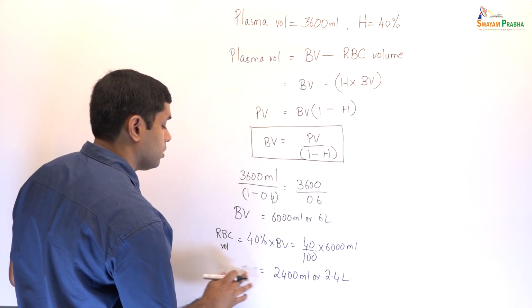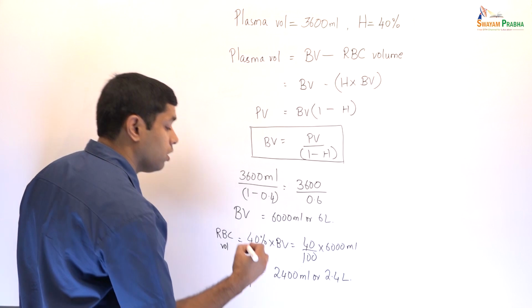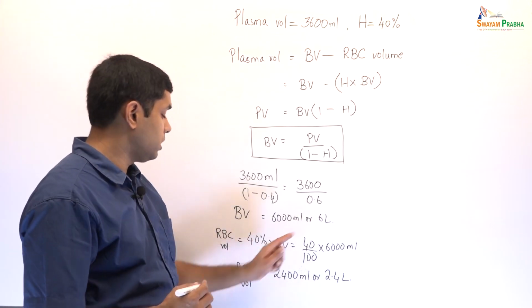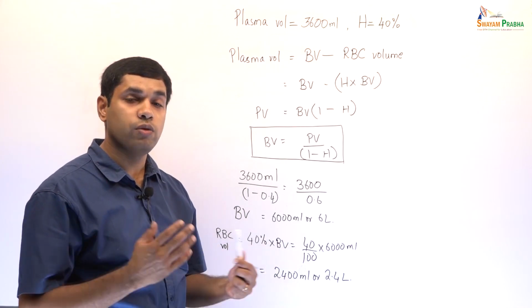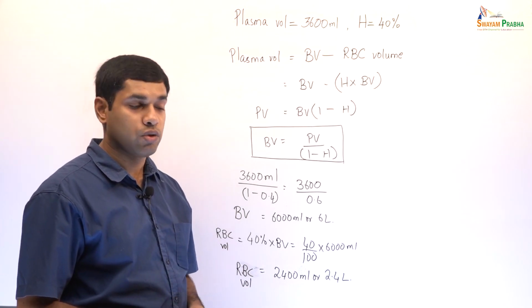So that's the answer to our problem. We have found that the blood volume is 6 liters and the RBC volume is 2.4 liters. So this is the way in which you can calculate blood volume given plasma volume and the hematocrit.